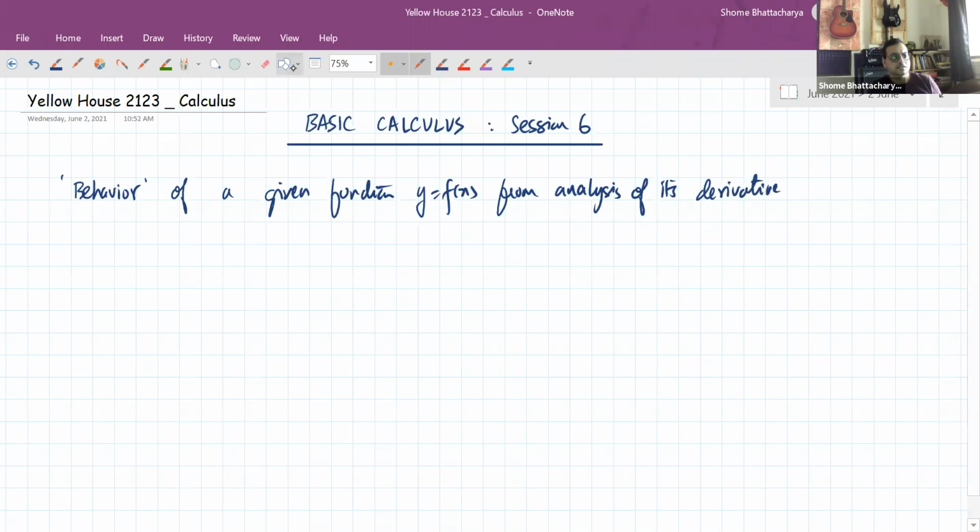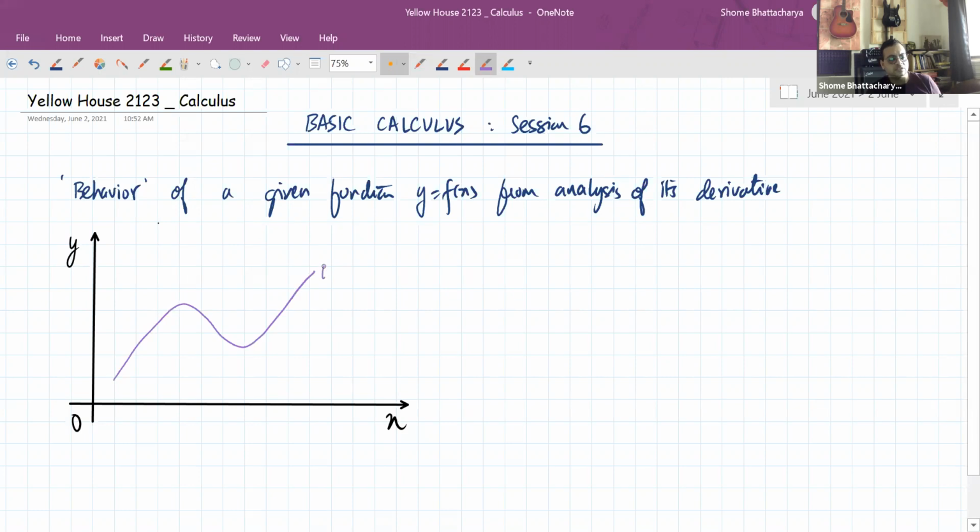So the basic idea here is that we can understand this visually, that in the graph of a function, if the nature of the function is such that it is increasing for a certain interval of x, then in that interval, if we draw a tangent at any point, it will have a positive slope by definition.